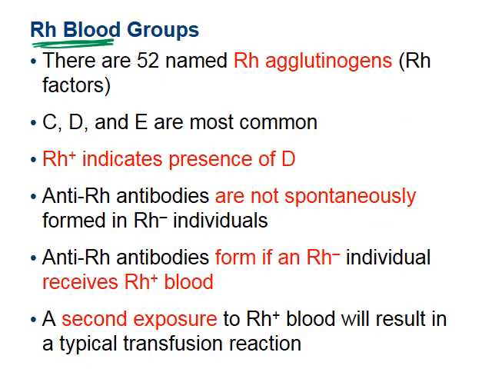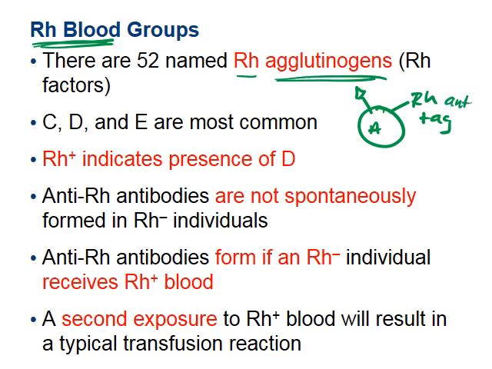We also have an RH group. This RH group, basically your red blood cell is going to have an RH tag, as well as, let's say this is A blood, as well as an A tag. So this RH agglutinogen, remember that's an antigen tag on the red blood cell.